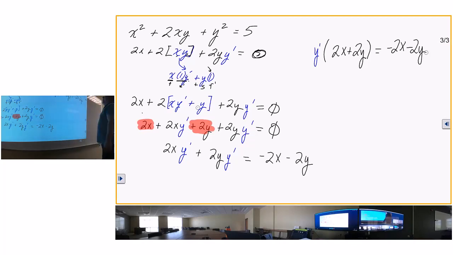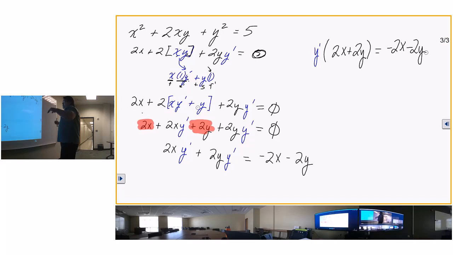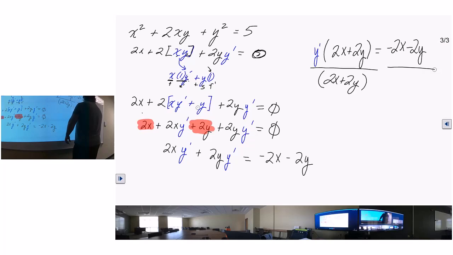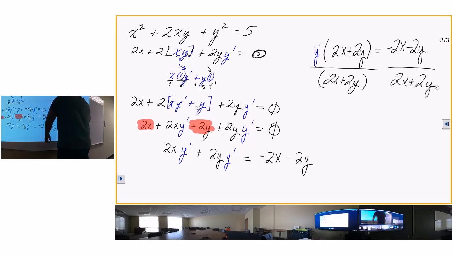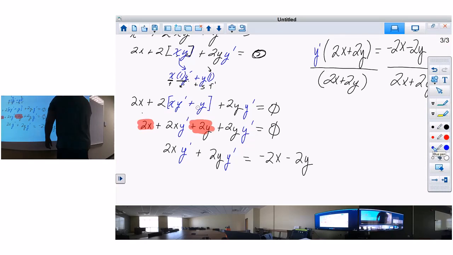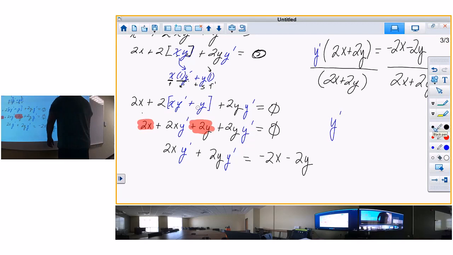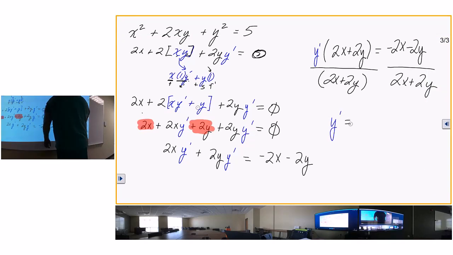Now, how do I get rid of multiplying by the quantity 2x plus 2y? Divide by 2x plus 2y. And we get y prime is equal to, I'm going to factor out a negative 2.